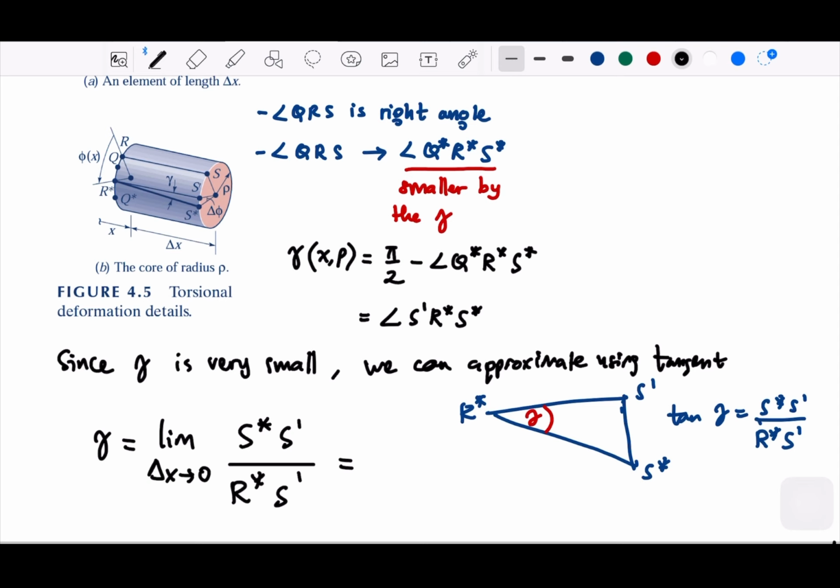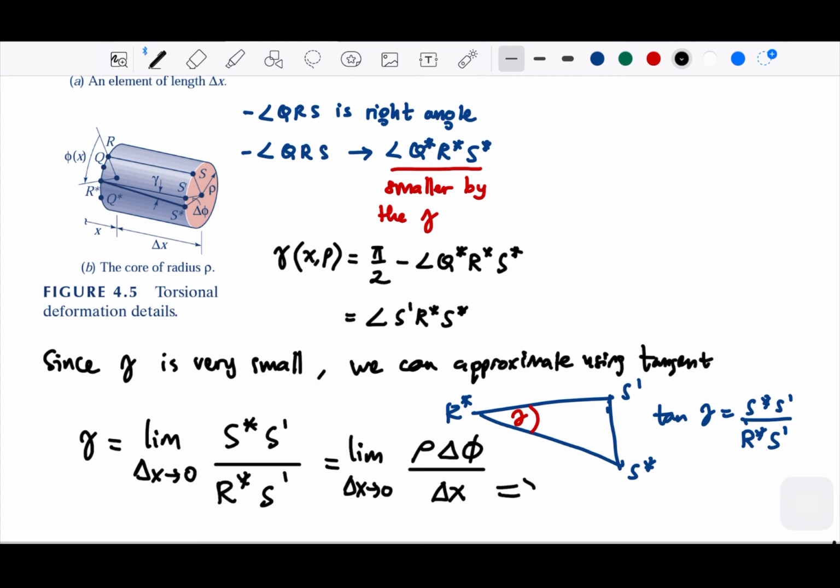So we can take this as a limit, rho delta phi over delta x. Or in terms of derivative, we take the limit and we are going to have rho d phi dx.